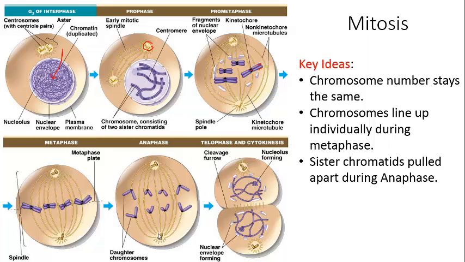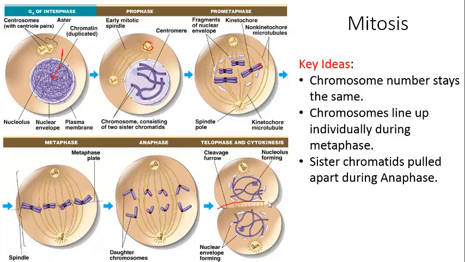Inside the kinetochore is a set of motor proteins. Motor proteins are powered by ATP, and the motor proteins walk the sister chromatids down the spindle fibers to either side of the cell. During telophase, the nucleus reappears.